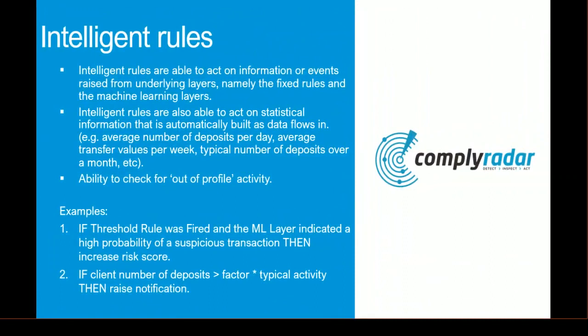Then we mentioned intelligent rules as well. The intelligent rules are rules which combine those layers that I mentioned together. So this sits on top of those advisors, and the rule would say, okay, if my machine learning algorithm is telling me this, and my rule is telling me this, and when I checked against that blacklist, it's telling me that this person is a PEP, then I want to take this decision.